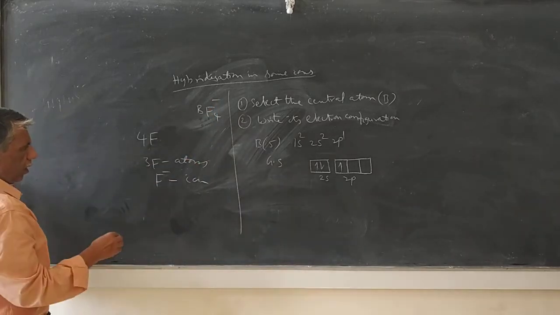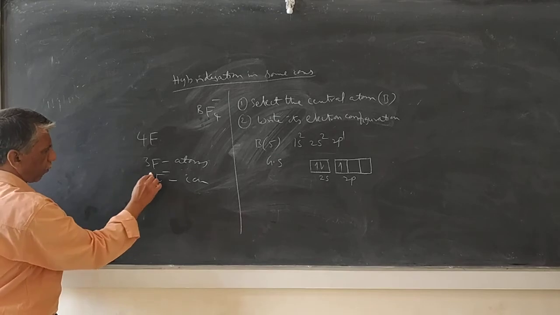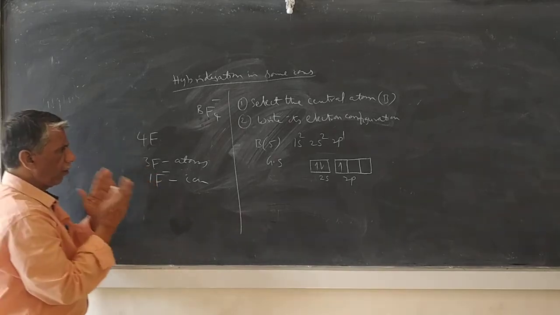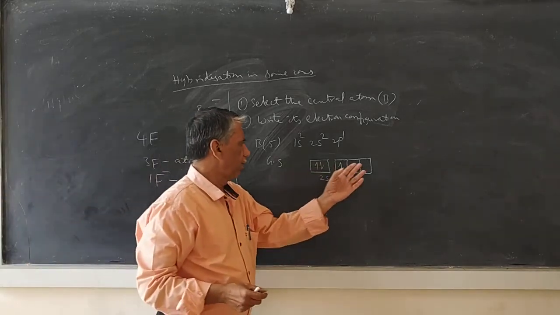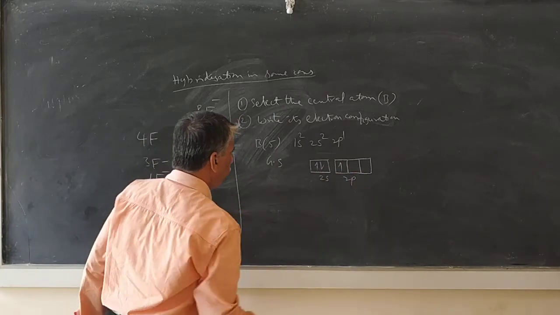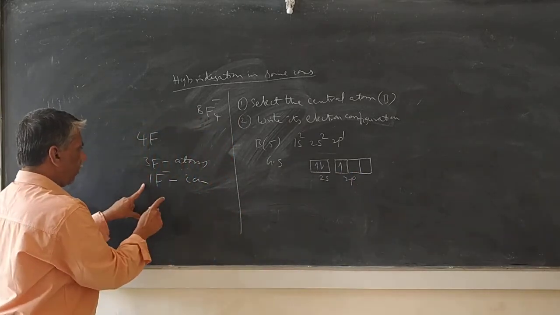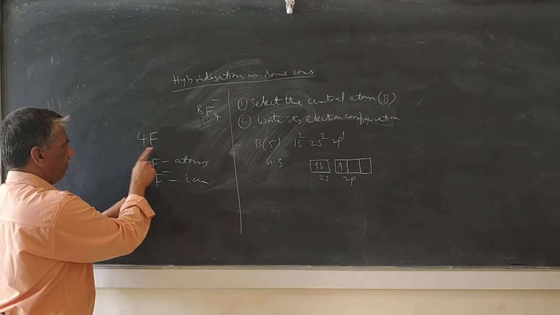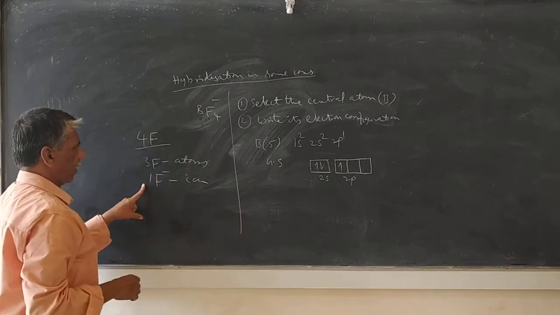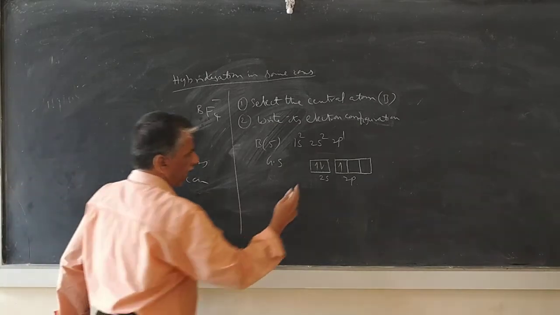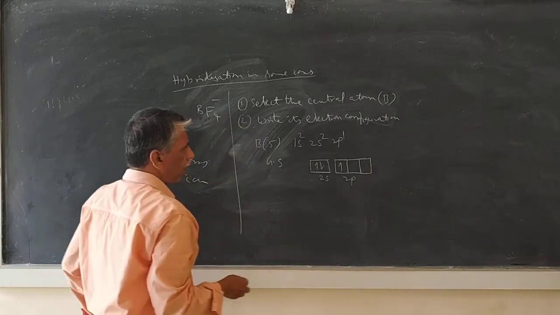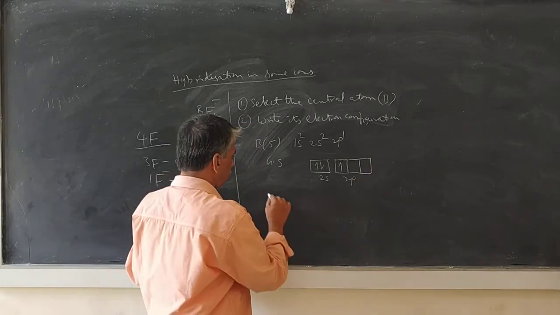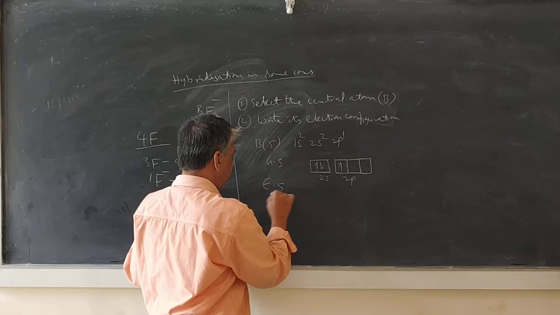So totally 4. I want 4 orbitals here to accommodate the electrons given by these 4 F atoms. I want 4 unpaired electrons.